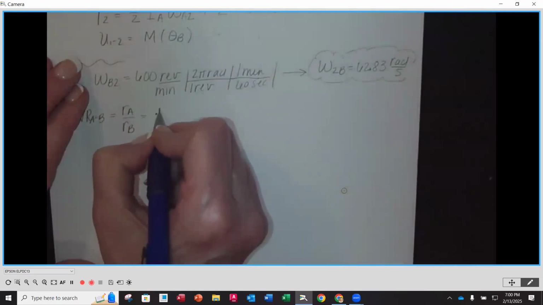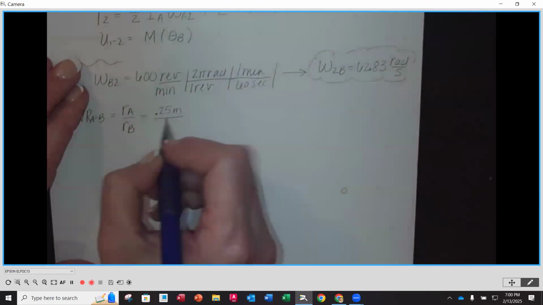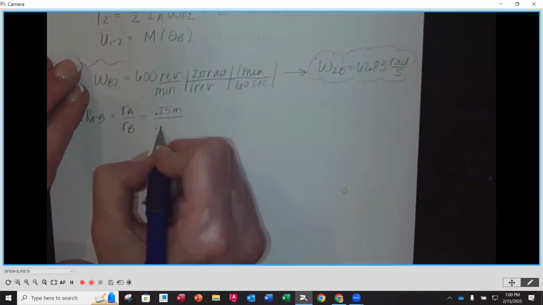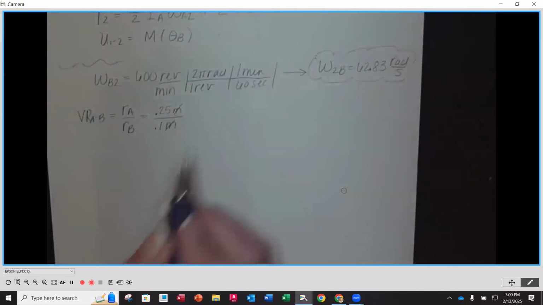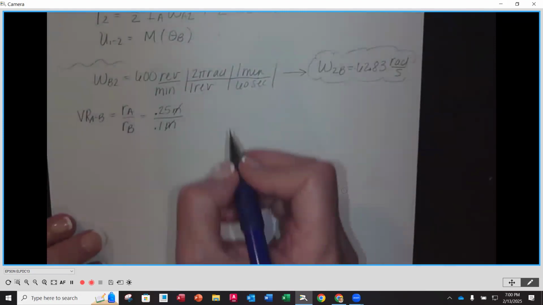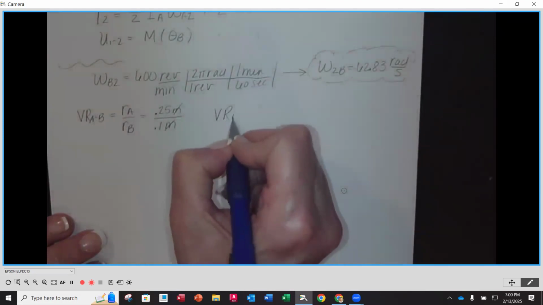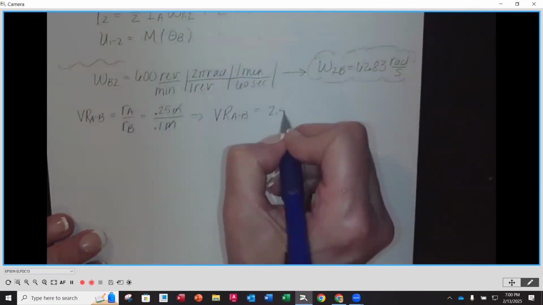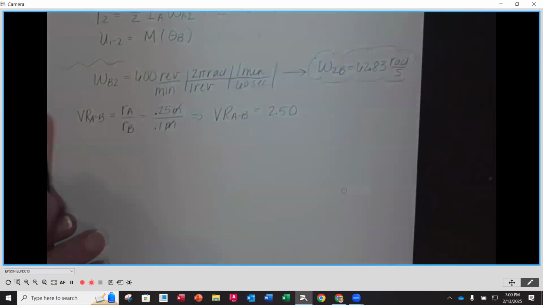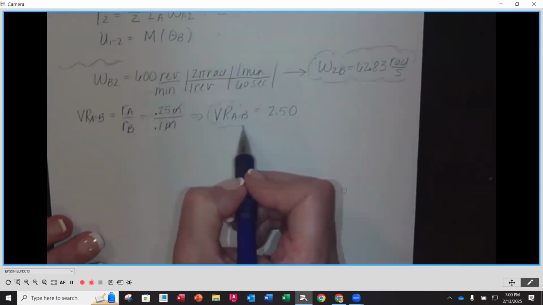So I'm going to say 0.25 meters for the radius of A and 0.1 meters for the radius of B. The units cancel out, and our velocity ratio A to B is going to be 2.5. No units.